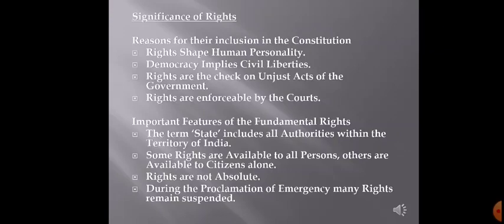Untouchability is a social evil of our country, and if any person or a community is forcing any individual or a group, they will be punished by the court. Therefore, persons practicing untouchability shall be punished.